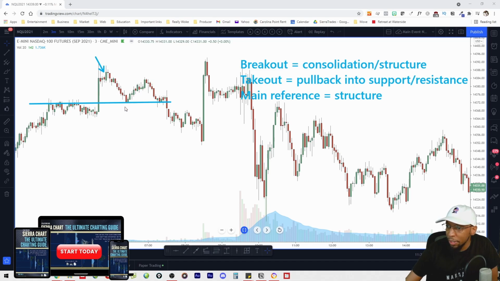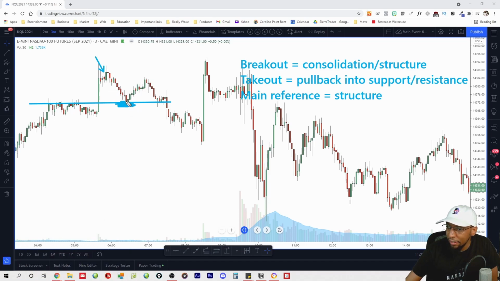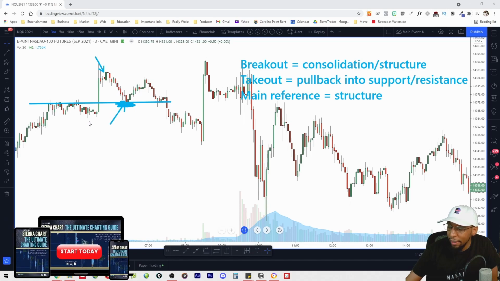Once we trade back down into this area, we got some sell-off there. We have a red candle, and then immediately followed by that is a small green candle. Then we can assume that we had buyers come into the market there.